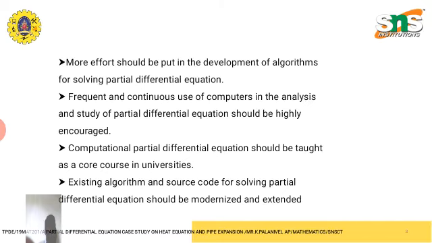Once the equation has been broken up into separate equations of one variable, the problem can be solved like normal ordinary differential equations. Computational partial differential equations should be taught as a core course in universities. Existing algorithms and source code for solving partial differential equations should be modernized and extended.